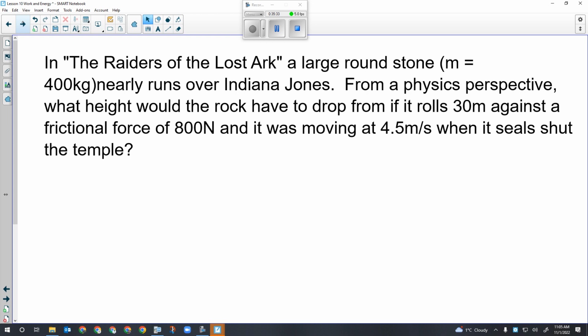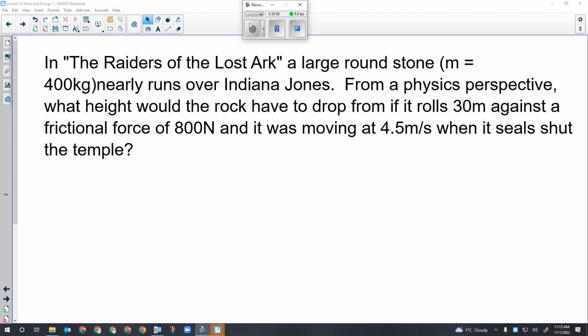Did we do the Raiders of the Lost Ark thing before? No. Okay, we got it. When he triggers the rock, it has a mass of 400 kilograms. Sorry, we're looking for the height that it would have had to drop from. When he triggered it and looked back, it was way up above him.